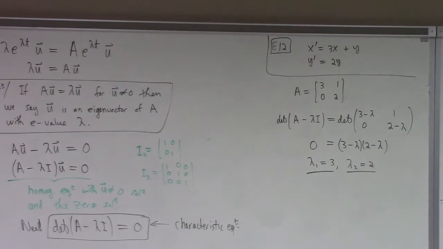Let's do it. Which means I have to actually solve. So like lambda 1 equals 3, I need to solve A minus 3I times u1 equal to 0. What is A minus 3I?